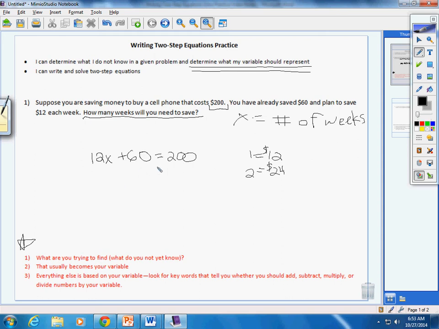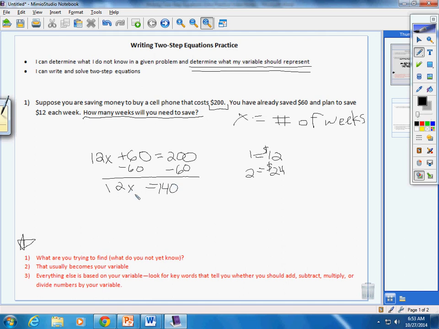Very simple to solve. It should only take you 2 steps. So remember, if we're trying to get x by itself, we always want to get rid of everything that's not attached to x first. So since we're adding 60 to 12x, in order to get rid of that positive 60, we've got to subtract our 60, and we must do it on both sides, because we've got to keep this equation balanced. Okay, so we're left over with 12x equals $140.